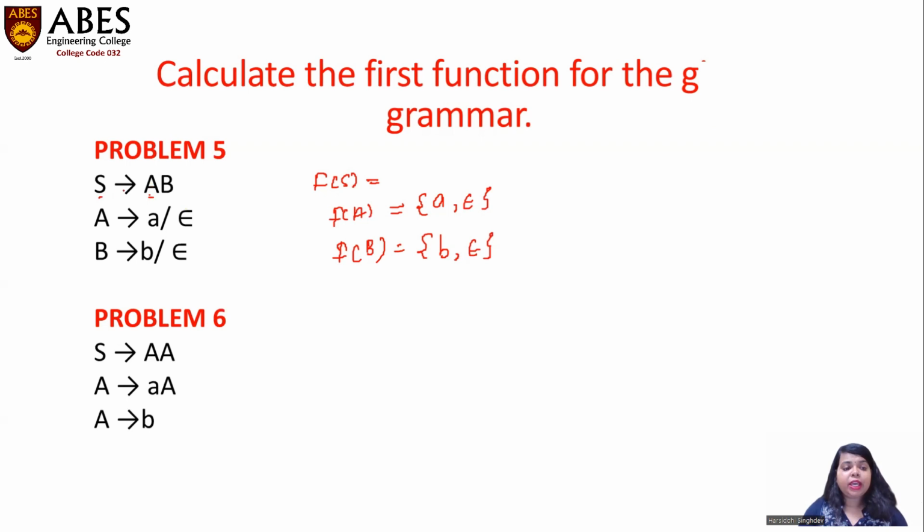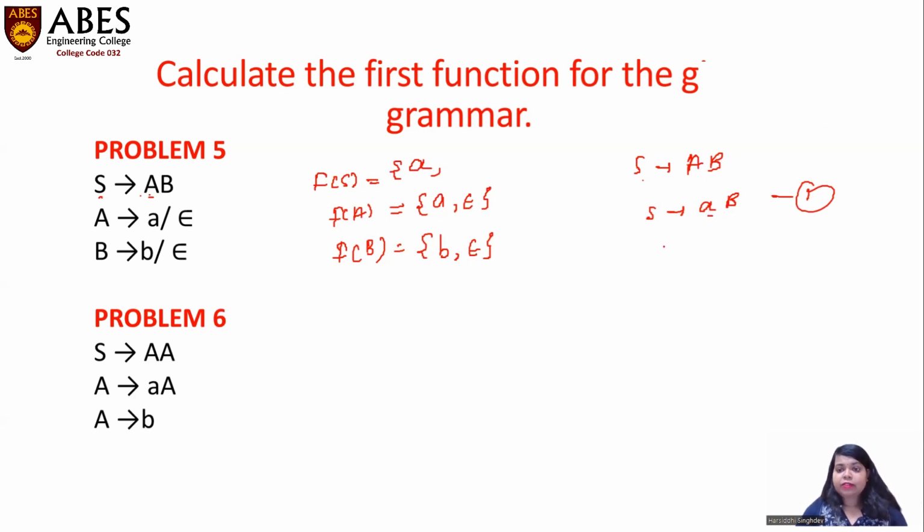So, we have to check, first of S will be first of A. So, what is first of A? Here, first of A will be found when we replace with a. So, what do we get? Let's say S tends to A and B. Now, first of S will be first of A. When we replace by a, what do we get? a or B. This is equation number 1. We can say that from this equation, we get the first of S is a.